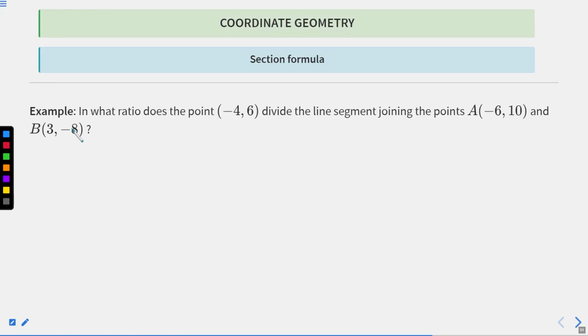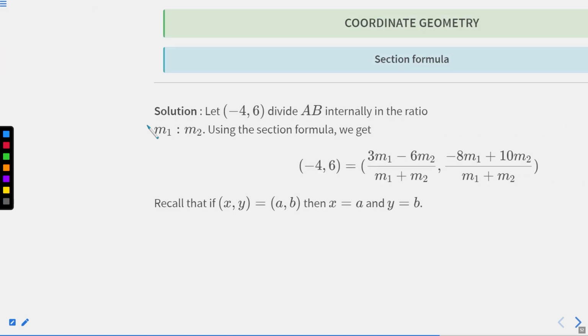So in this example, we are asked in what ratio does the point (-4, 6) divide the line segment joining the points A (-6, 10) and B (3, -8). Okay, so here basically you have to find the ratio. So here we will use the section formula.